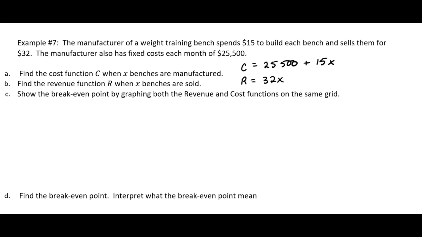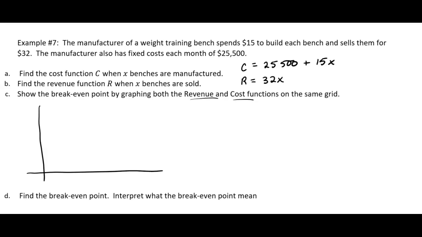It says show the break-even point by graphing both the revenue and cost functions on the same grid. So this is where it gets a little tricky in drawing this out. We're not going to manufacture a negative amount of shoes, and we're not hopefully going to make a negative amount of money. Okay, so the trick is to count these out.